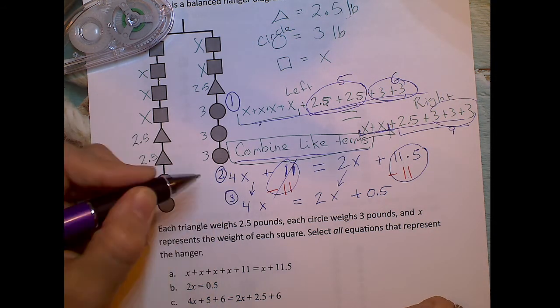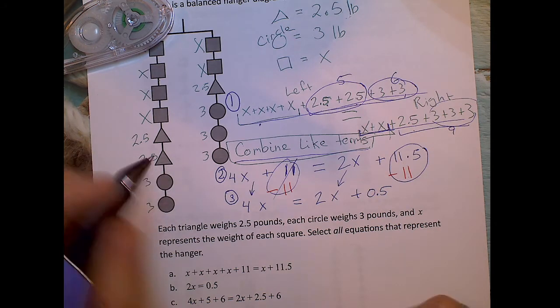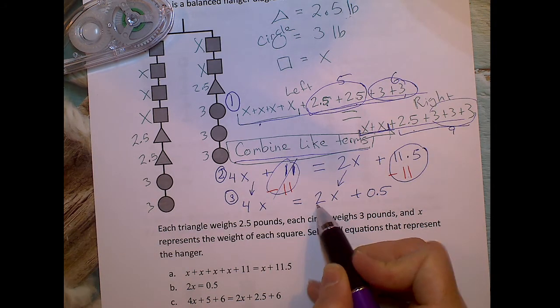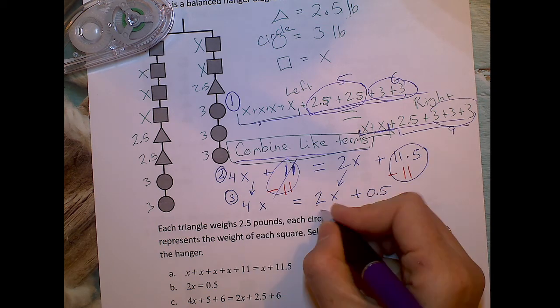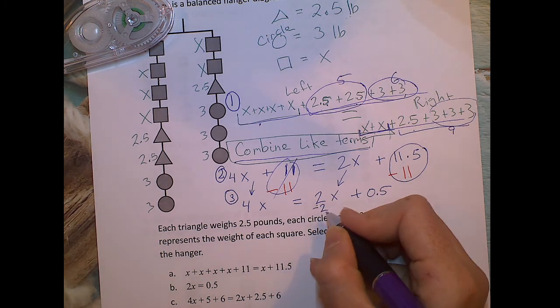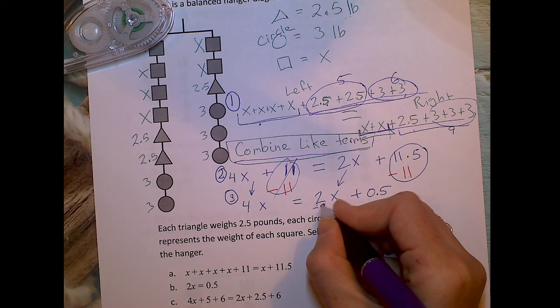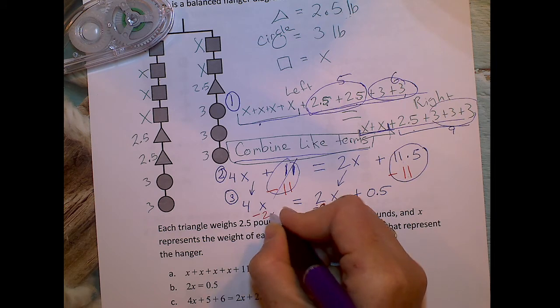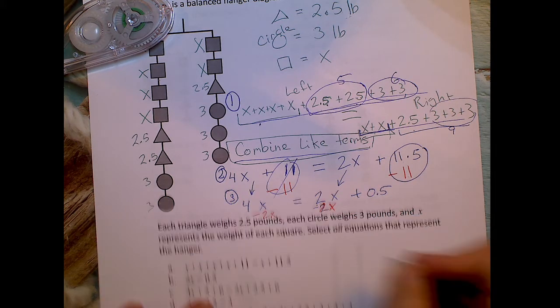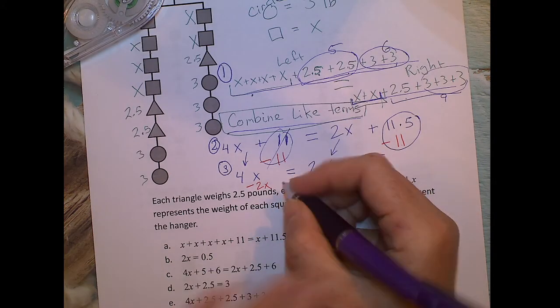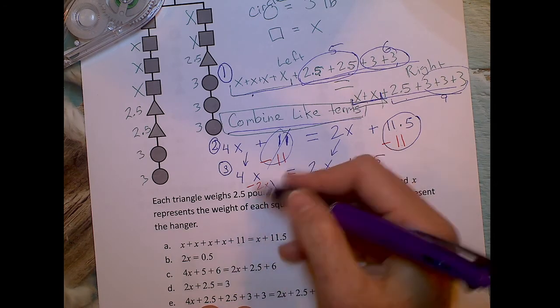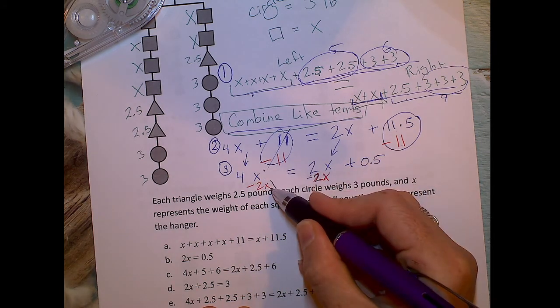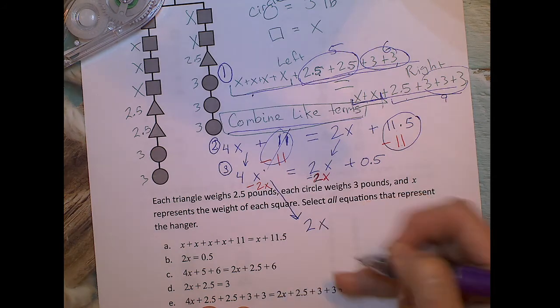I'm going to go one step further. I'm not done. Now, this 2x and this 4x, I can combine those like terms. I'm going to subtract 2x from the right side and subtract 2x from the left side. And then I'll write my simplified equation. 4x minus 2x, that is 2x.